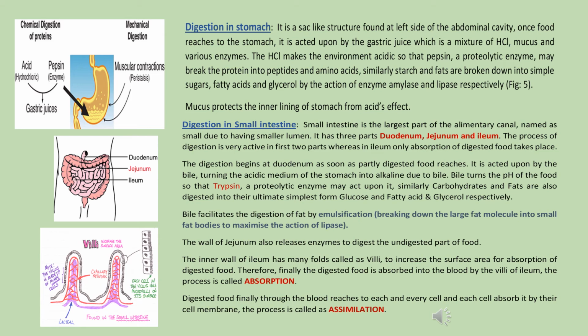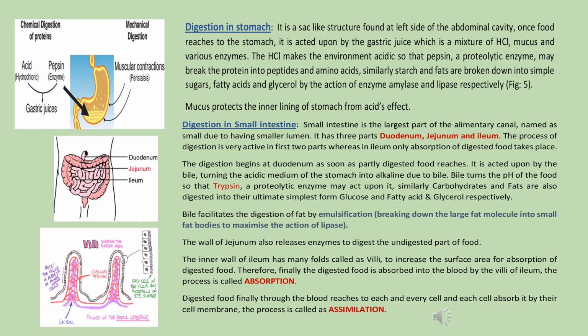Each and every cell of the body receives its kind of nutrients from the blood. So, when the nutrients are being absorbed by the cells and tissues from the blood, the process is called assimilation.